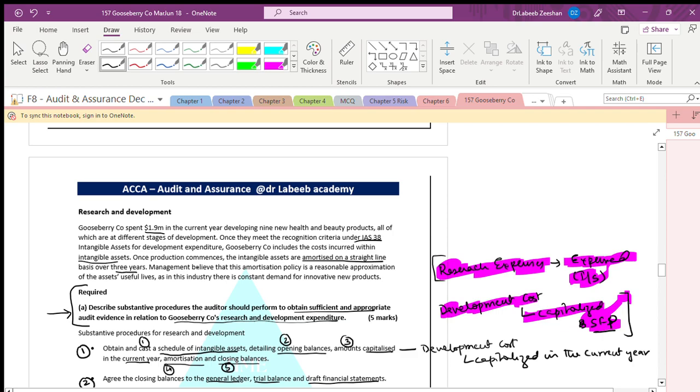Fine. Management believe that this amortization policy is reasonable with respect to useful life. We are talking about health and beauty products. Fine. Health and beauty products, definitely a lot of research will be done all the time.